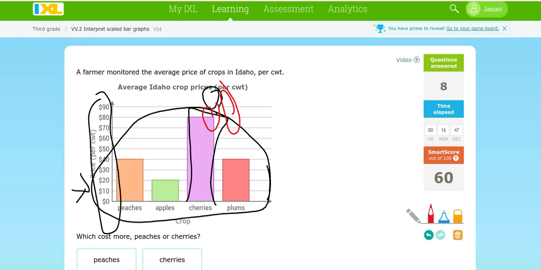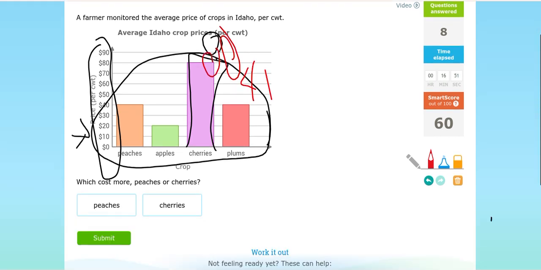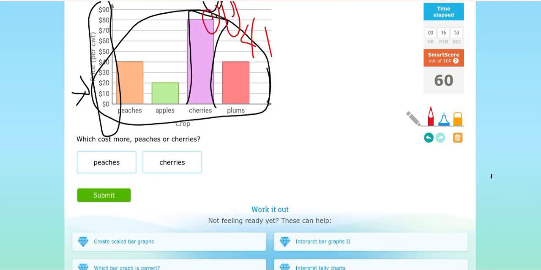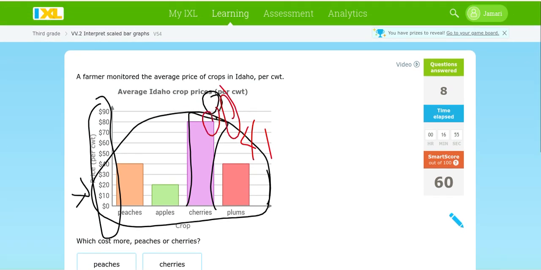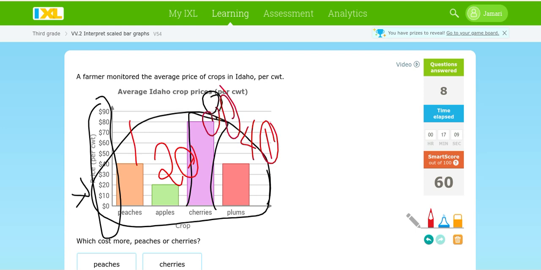My plums go up to 40. My apples go up to 20. And my peaches go up to 40.